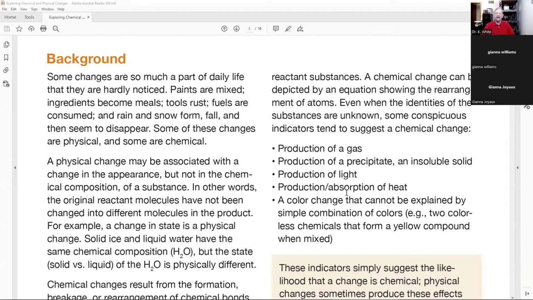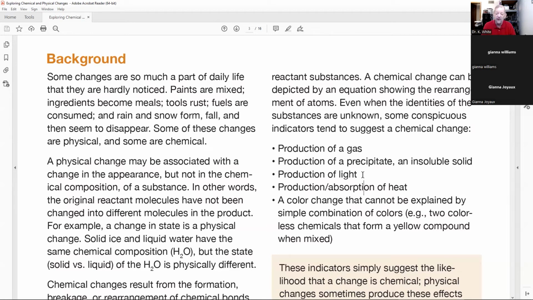Another one is if you have light form. And for this lab, other than the candle, you're not going to see any light form. All right, next one is when something produces or absorbs heat. What does that mean?